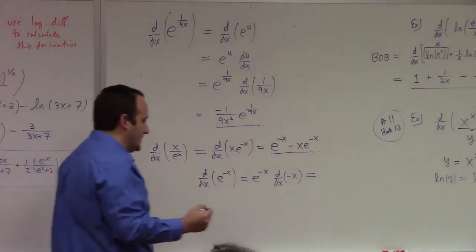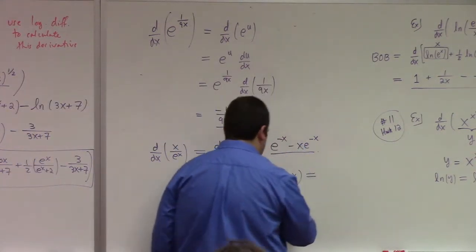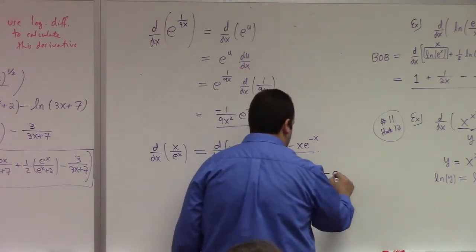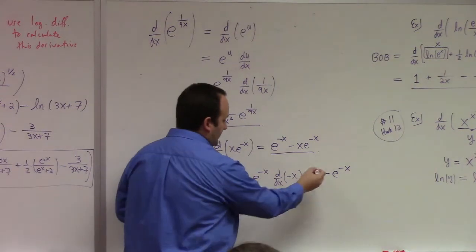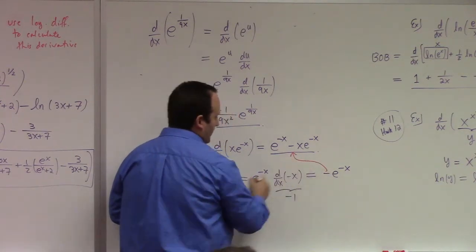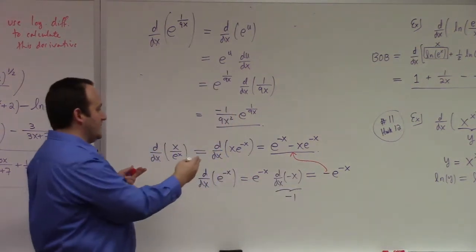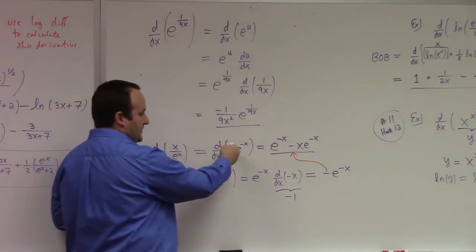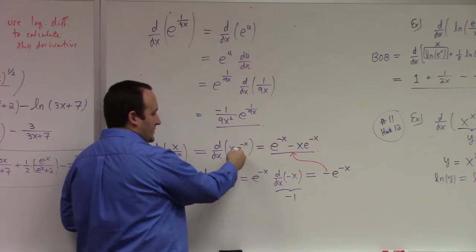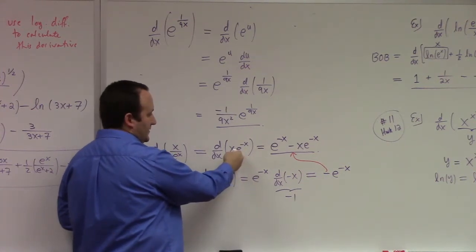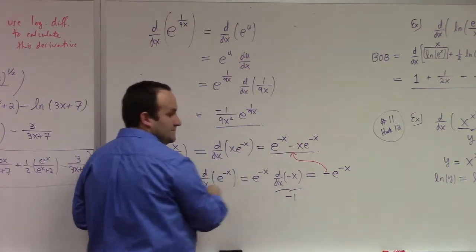So its derivative is minus 1. Yeah. So this is just minus 1, and so we get minus e to the minus x, right? And that, folks, is where this minus came from, up here. So I did the product rule. I did derivative of x, which is just 1, times e to the minus x, plus x times the derivative of e to the minus x, right? Which is just minus 1, so I pull out a minus.